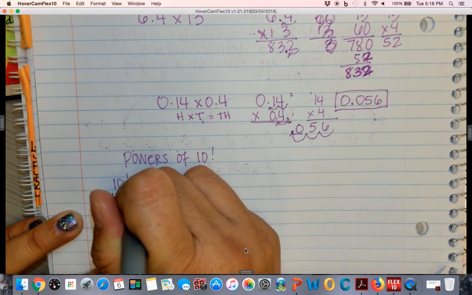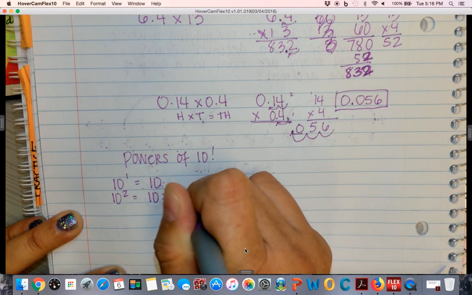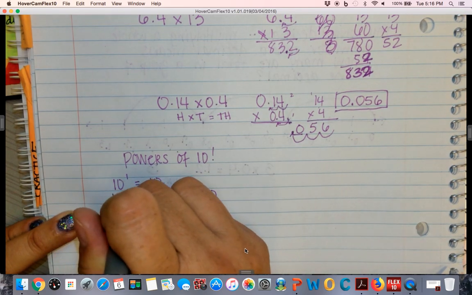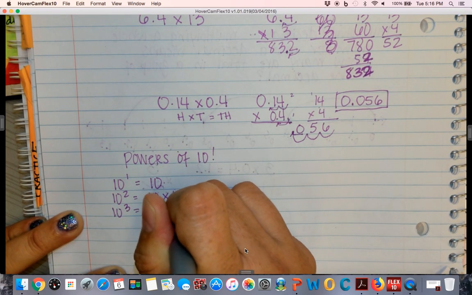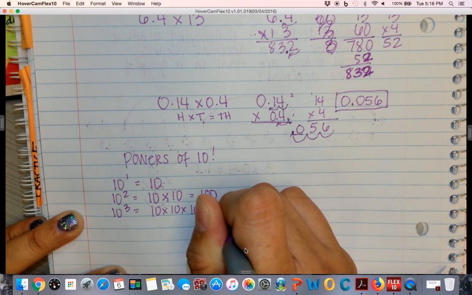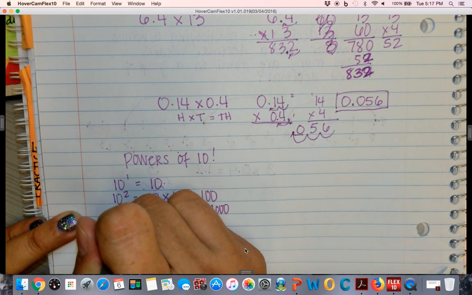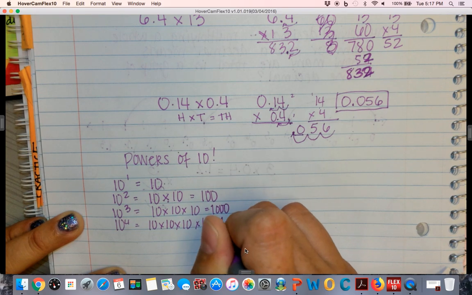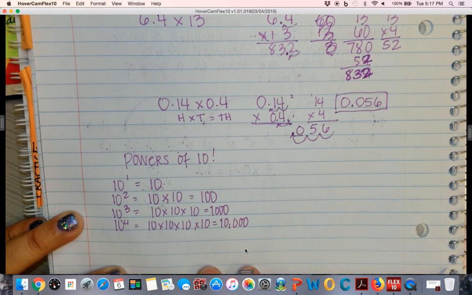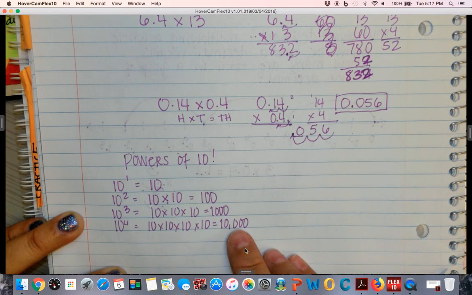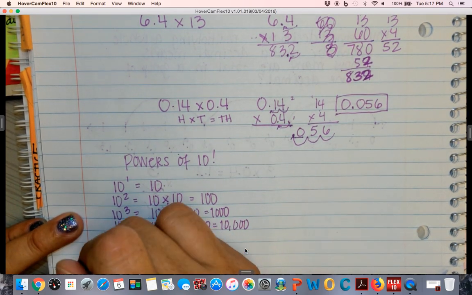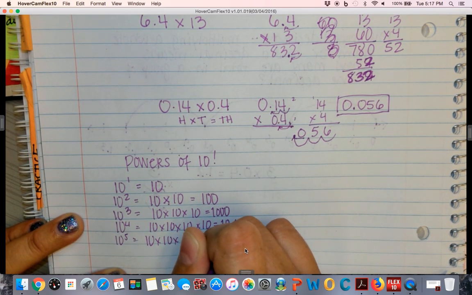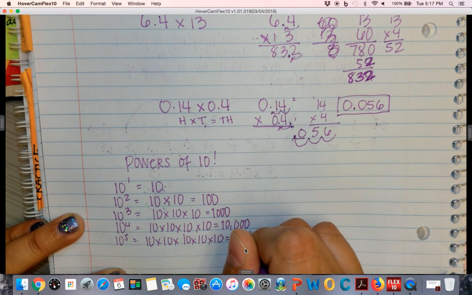But 10 to the power of 2 is 10 times 10, which is 100. 10 to the power of 3 is 10 times 10 times 10, which is 1,000. 10 to the power of 4 is 10 times 10 times 10 times 10, which is 10,000. 4 zeros. 1, 2, 3, 4. 10 to the 5th, 10 times 10 times 10 times 10 times 10, equals 100,000.